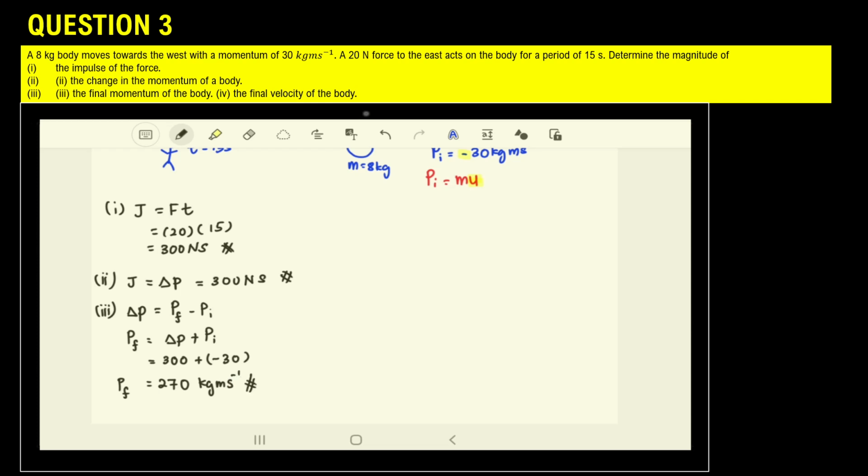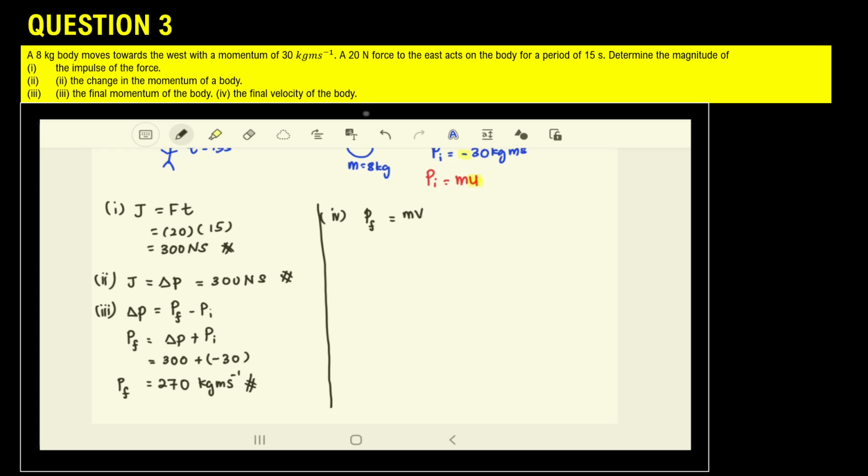Okay, so we finish question number 3, and the last one is part 4. We want to calculate the final velocity of the body. We can calculate the final velocity because the final momentum is equal to mv, where v is the final velocity.